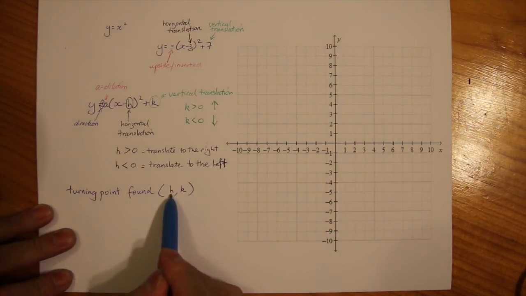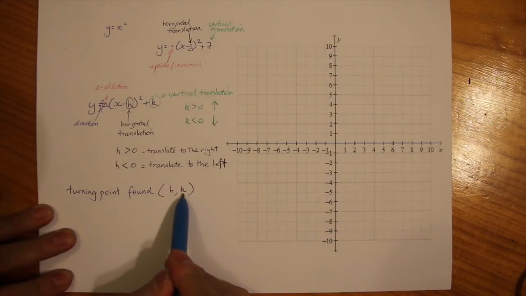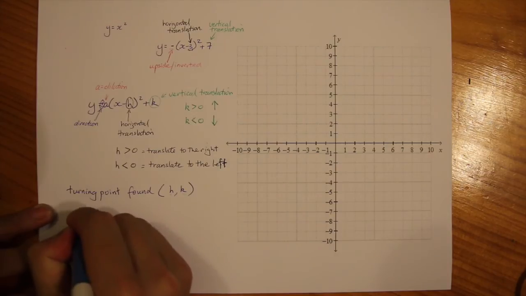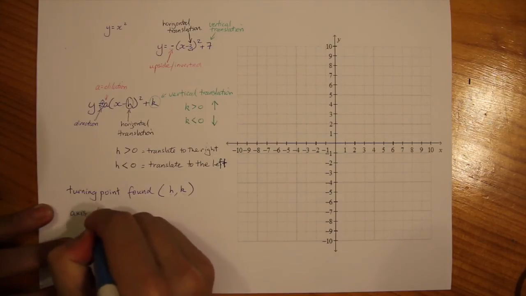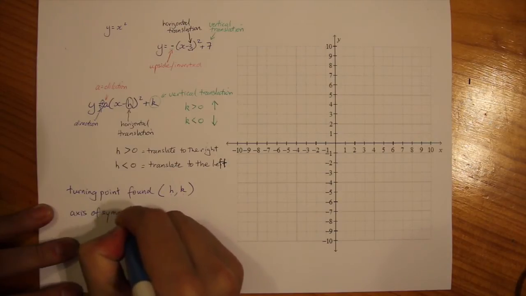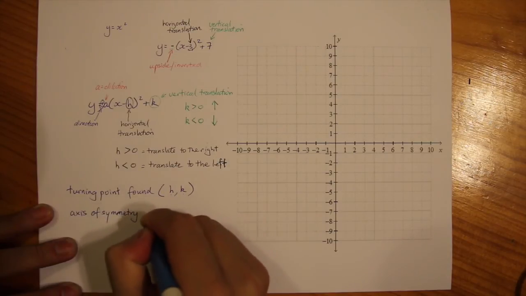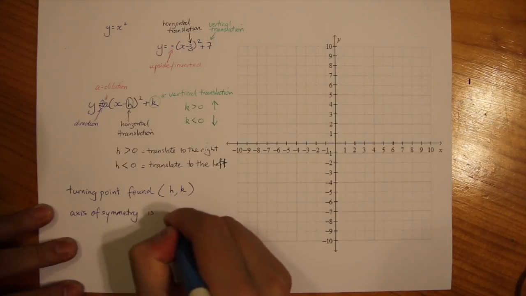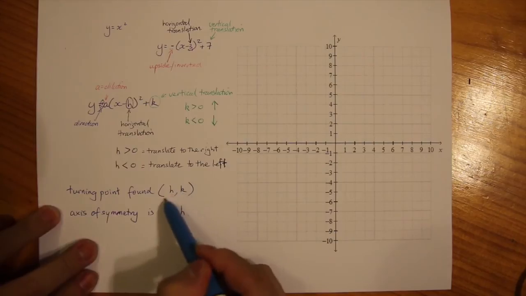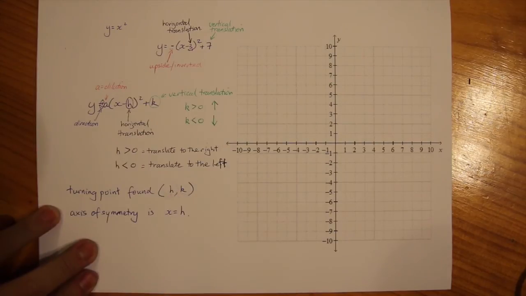So the value of h is going to be your x value, and the value for k is going to be your y coordinate. I'll show you very soon. And then the axis of symmetry is x equals h. It's going to be the same value as that.